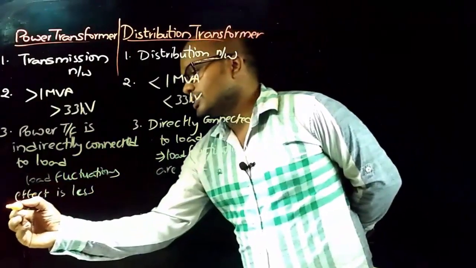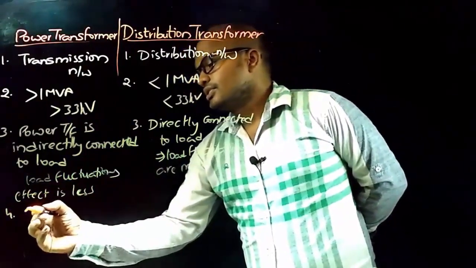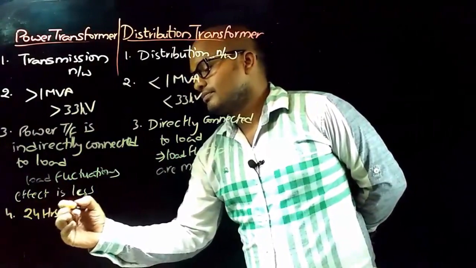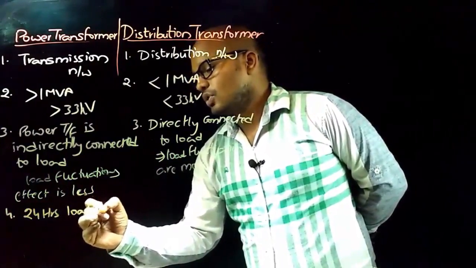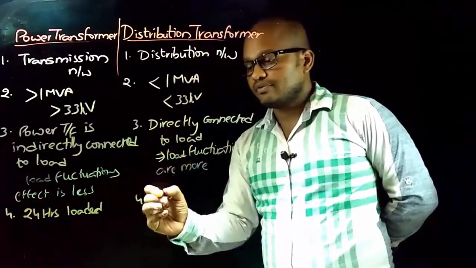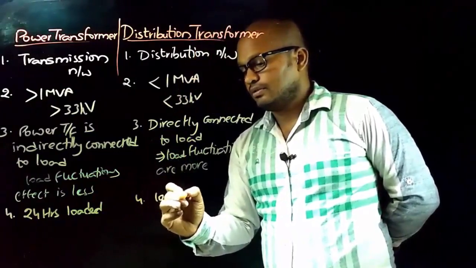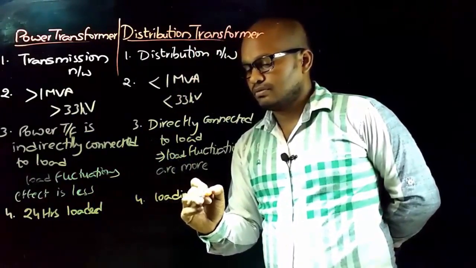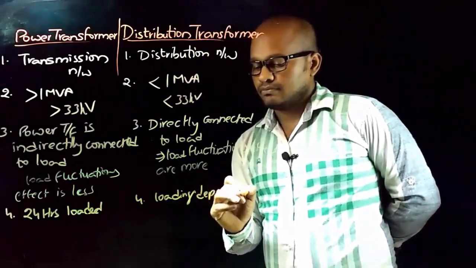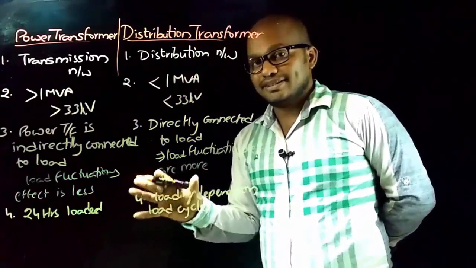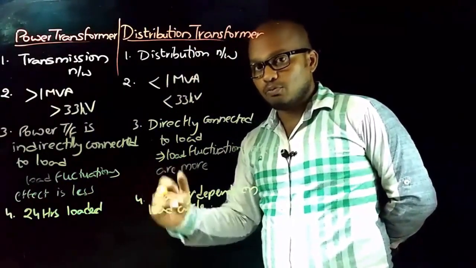And the fourth point is it is 24 hours loaded, whereas loading on distribution transformer depends on load cycle. This is the important point from which we will derive a few more points.